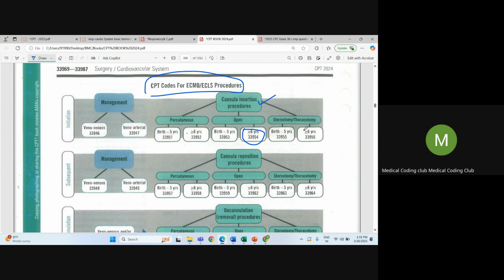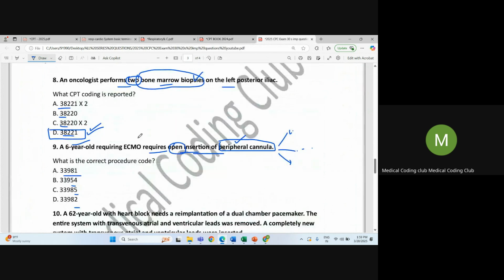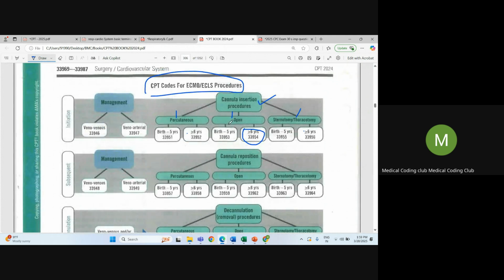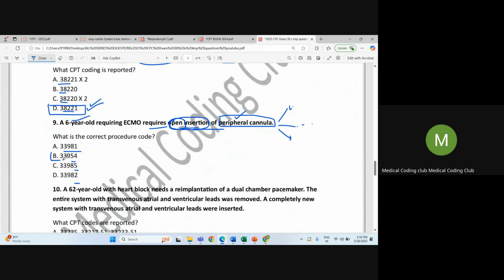Next you have to check the approach. Is it percutaneous, open or thoracotomy? This requires open insertion. So open insertion means the answer should be 33954. For a 6-year-old patient using open approach, they are inserting cannula. So the answer should be 33954. Option B is correct.